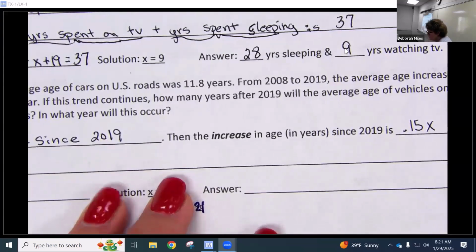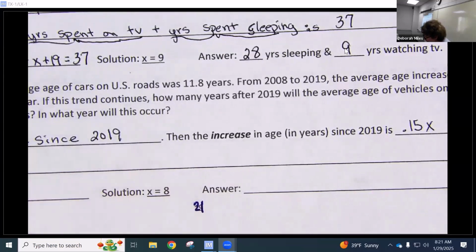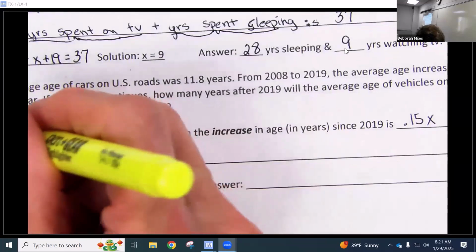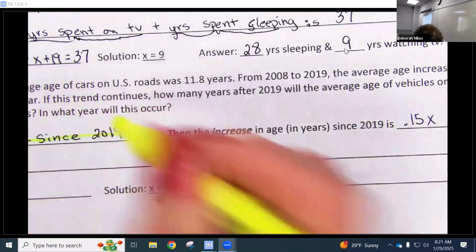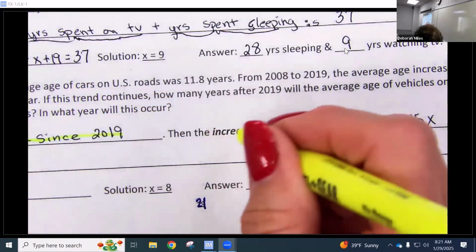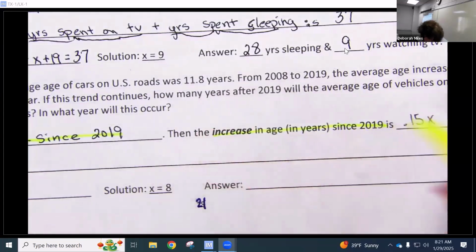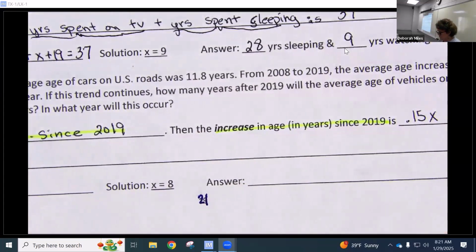So here are the words I have. The years since 2019 and the increase in age since 2019. And I want to find out when the average age will be 13.